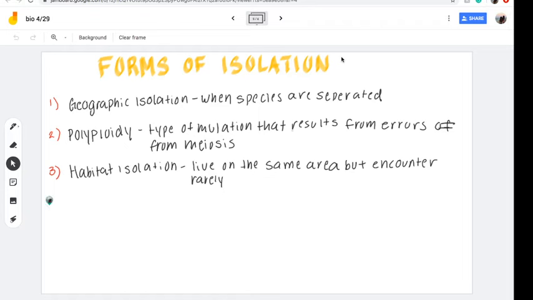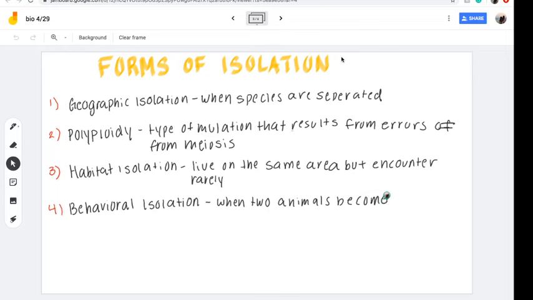Next, we have behavioral isolation. Behavioral isolation occurs when two animals become isolated from each other because of some change in behavior by one member or a group.